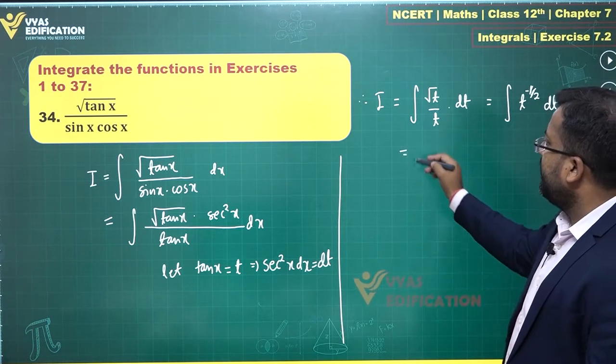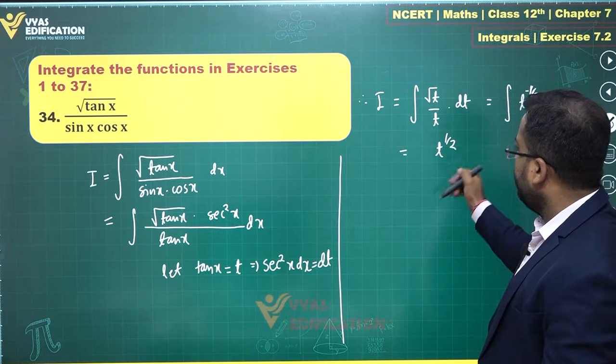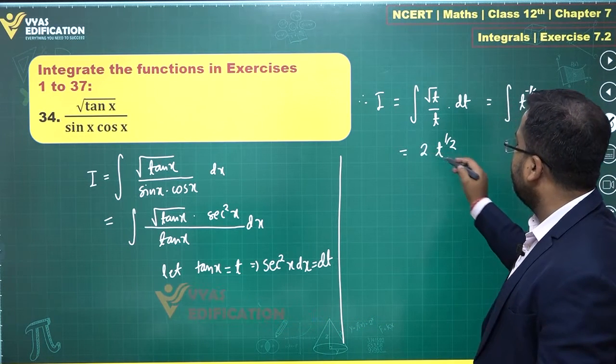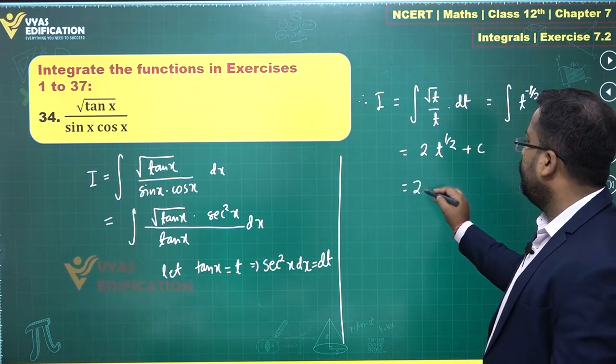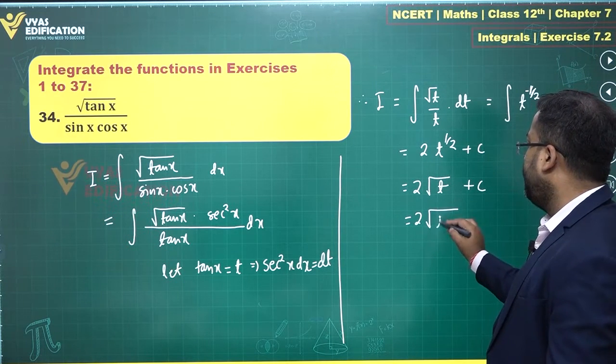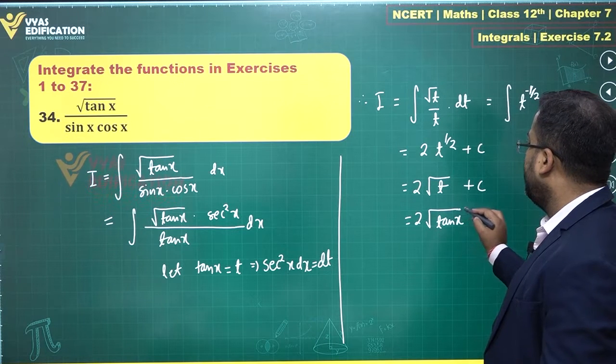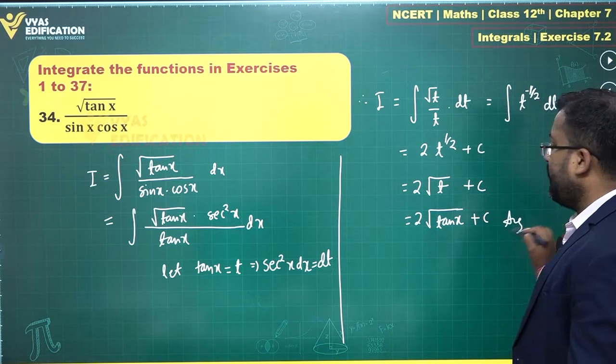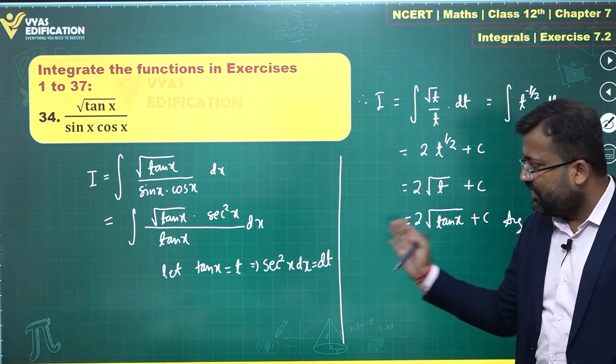The integral of t power minus 1 by 2 will be t power 1 by 2 divided by 1 by 2, which comes over here, plus constant, 2 root t plus c, which is 2 root of tan x plus constant. That is my required answer for this question, as you can see with all these steps, right?